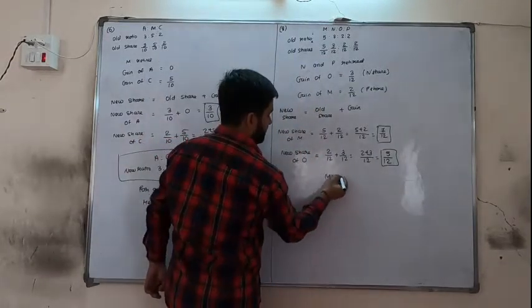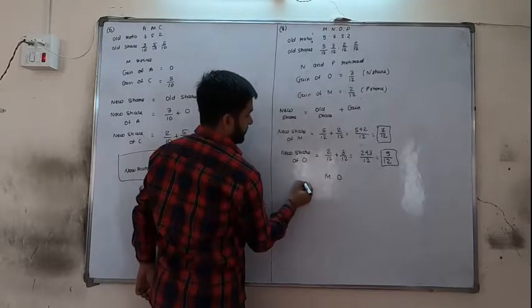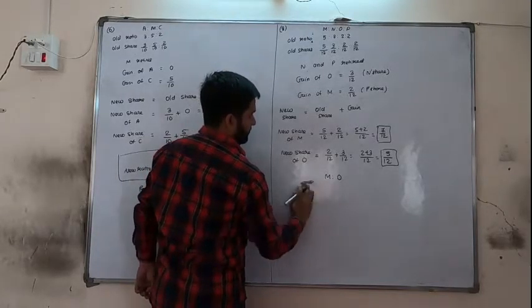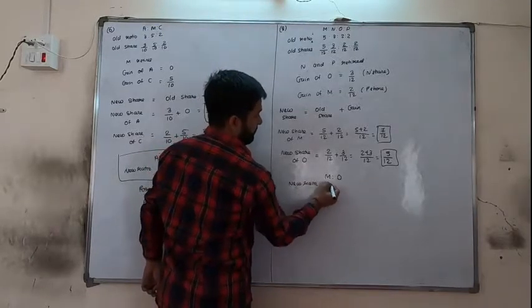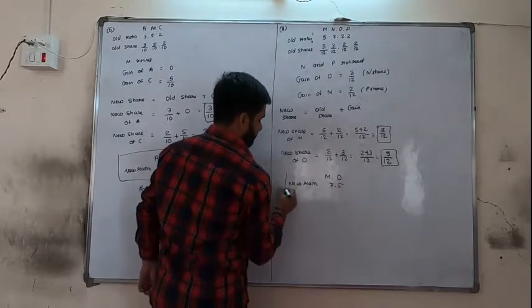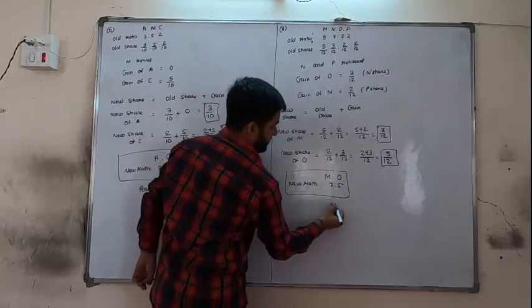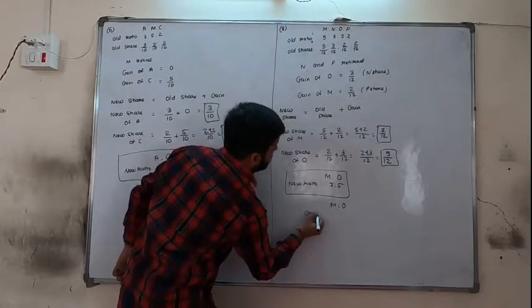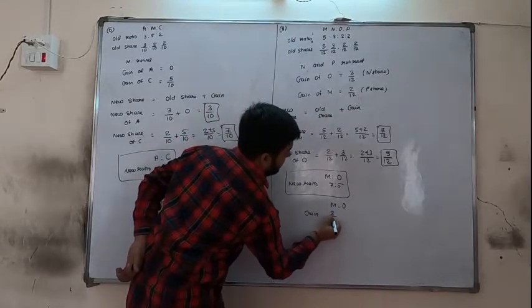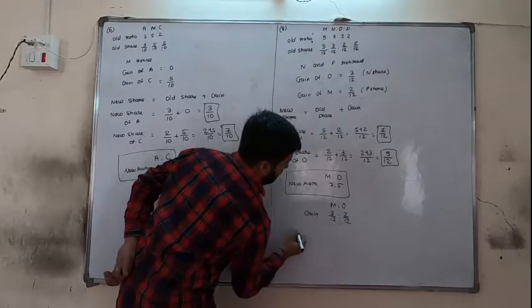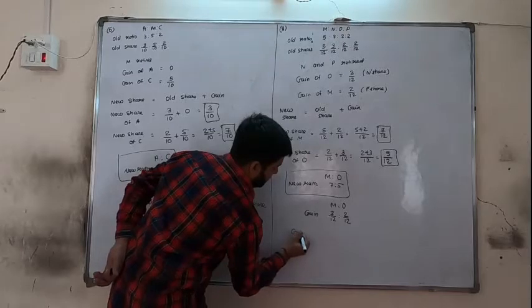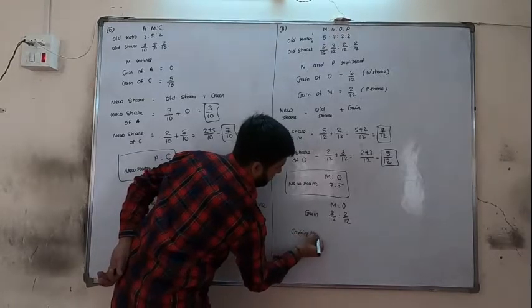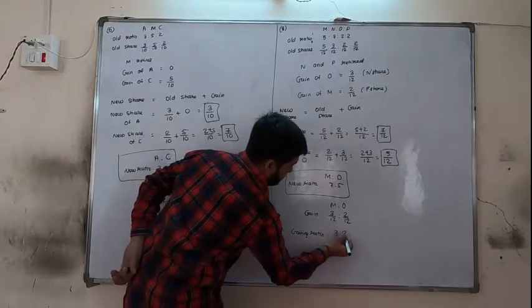Now between M and O, the new ratio would be 7 is to 5. Then between M and O, gain is 3 by 12, 2 by 12, so the gaining ratio would be 3 is to 2.